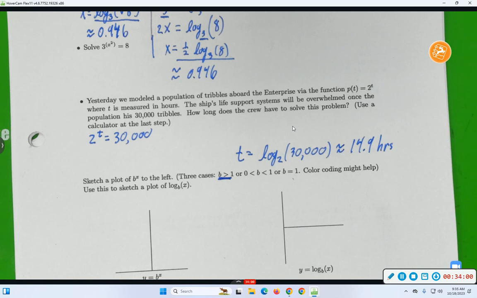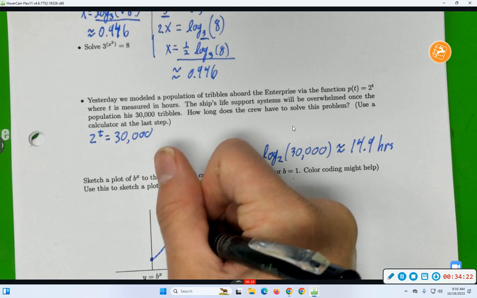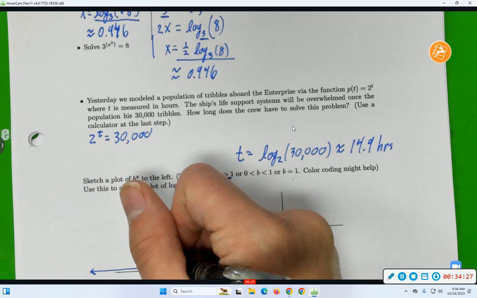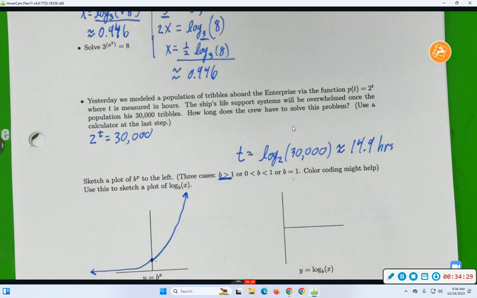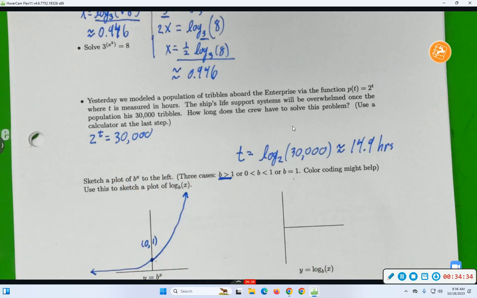If you take something like 5 and raise it to a positive power, it keeps getting bigger, it grows real fast. If you start plugging in negative powers, that means you're dividing by 5 a bunch of times. So you should have this nice horizontal asymptote as the input goes to minus infinity. I've drawn a dot at the y-intercept. Let's label it. What's b to the power of 0? 1. So there's this point at (0, 1) right there.